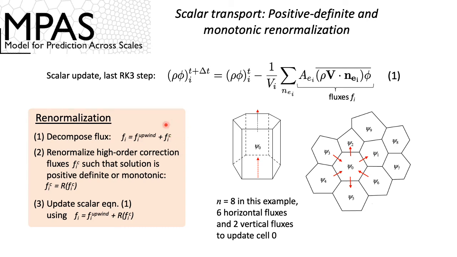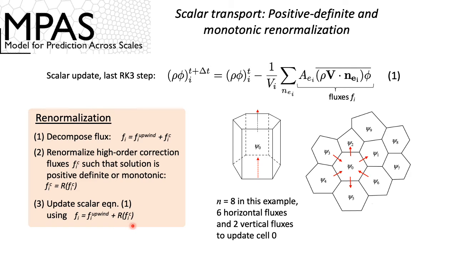And then we compute a correction, and that correction is just the difference between the full flux that we've computed using our full formula and the upwind flux. So that gives us the full flux. And we renormalize the higher order correction fluxes such that they are positive definite and monotonic, that they don't produce negatives, and that they don't produce any new maxima or minima.